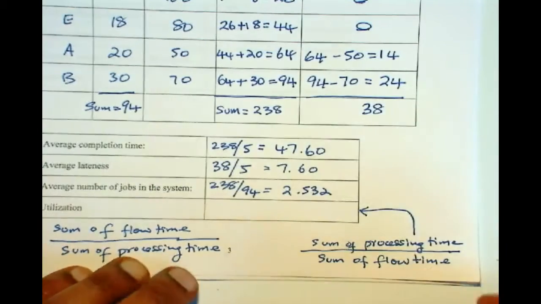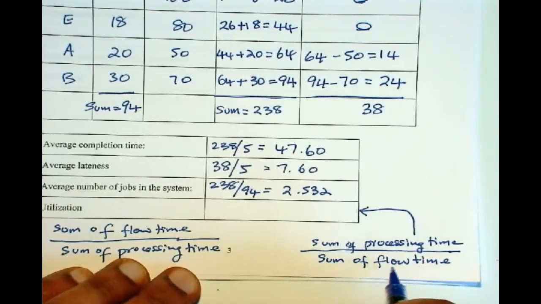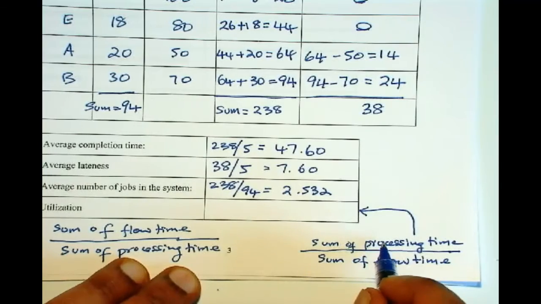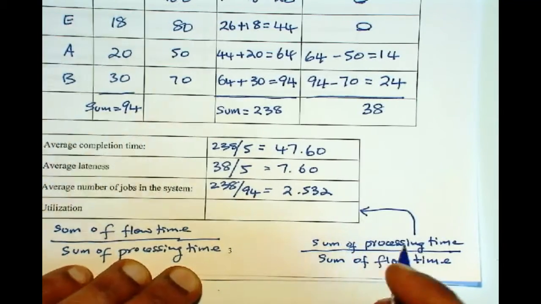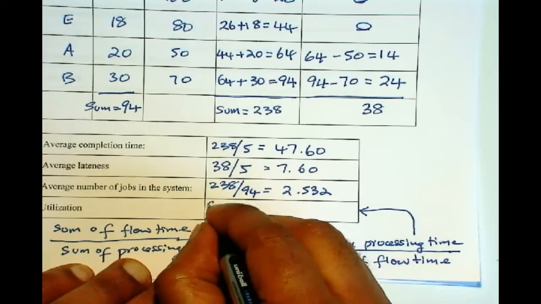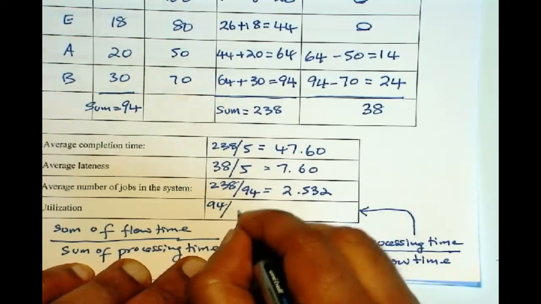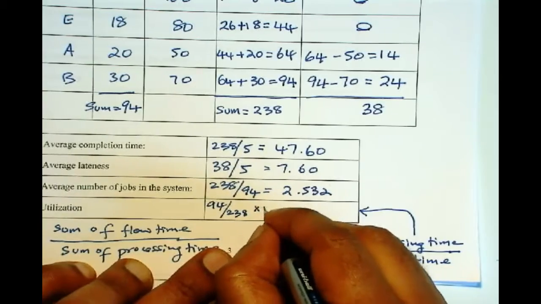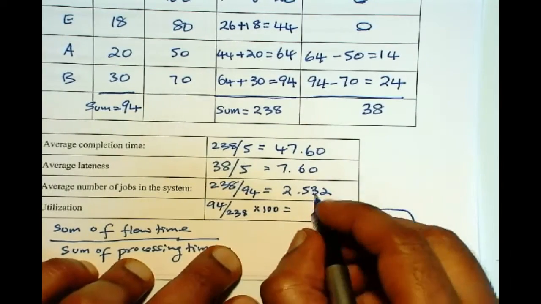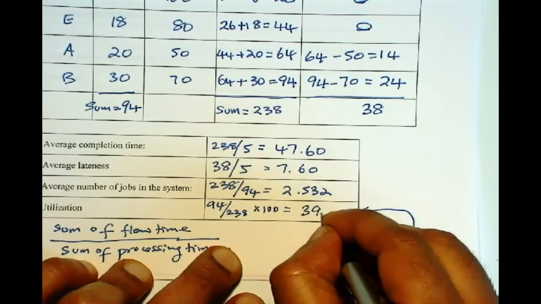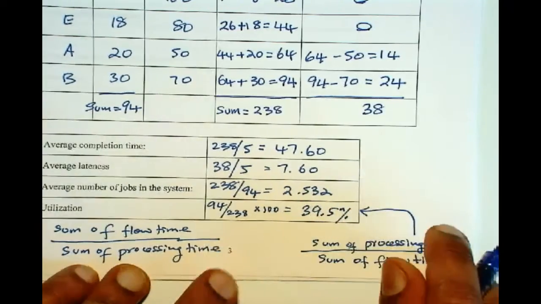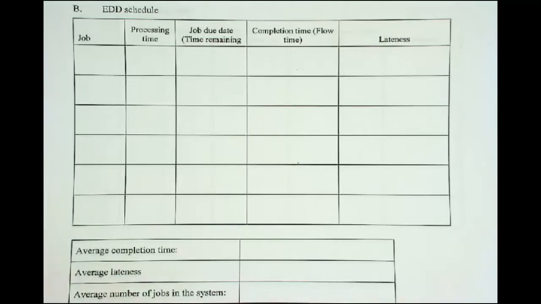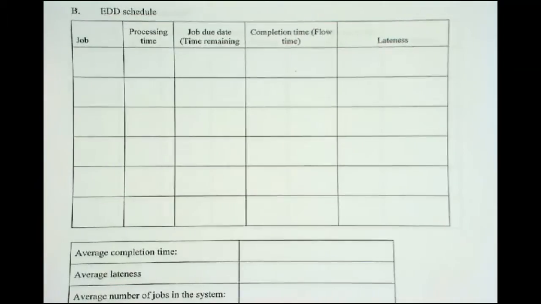Idle time and processing time combined is the flow time, and of that, how much is simply processing time. That will be 94 divided by 238, and usually you express that as a percentage. So you multiply by 100, and you get 39.5%.